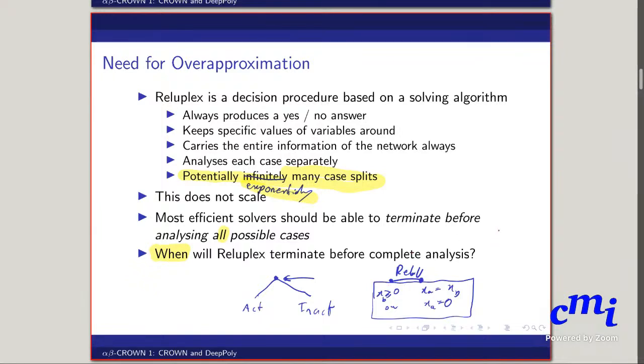But what Reluplex will do is it will not take these initially, right? Instead it's going to say, I'm going to drop these constraints altogether. So it's going to completely ignore the relationship between x after and x before.